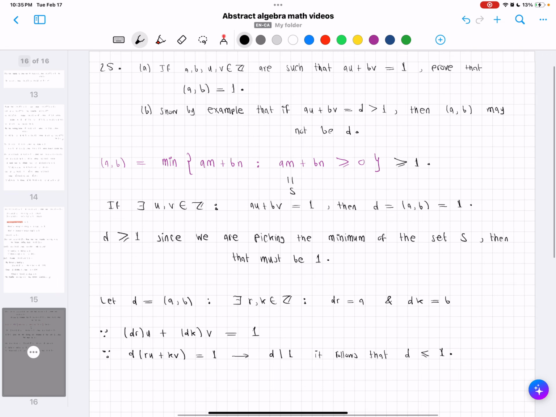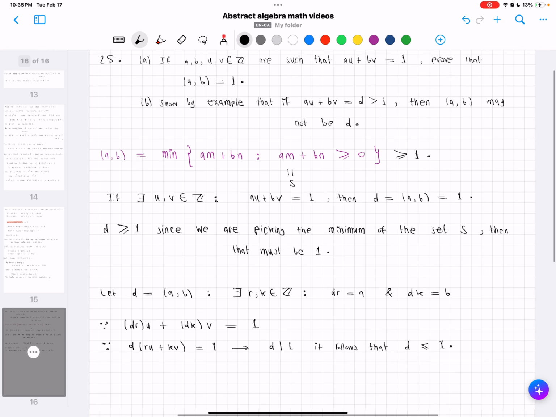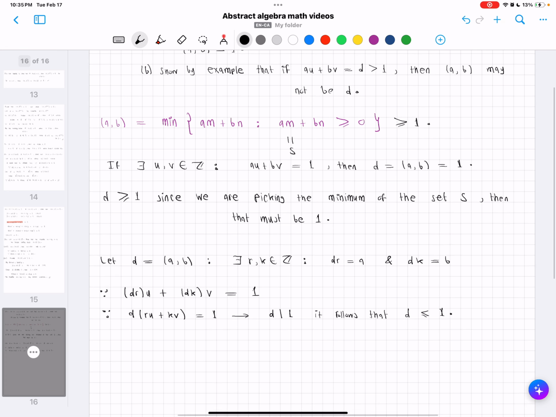So let's see how we can work that out. Show an example. Let's just pick A to be 2 and B to be 4, and U to be 1, and V is 1 as well.